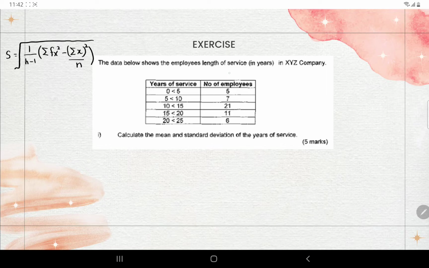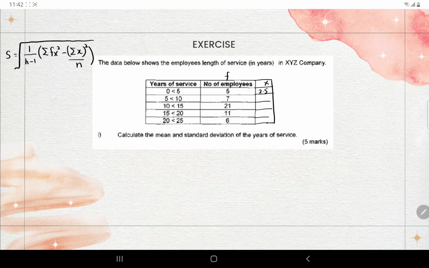So what is f? F is the frequency, and our frequency is in the second column. Then we need to find x, where x is the midpoint. The first midpoint is 0 plus 5 divided by 2, so we get 2.5.